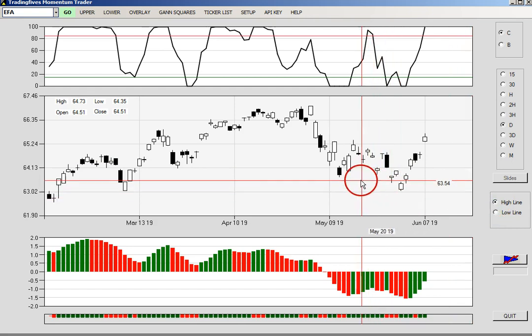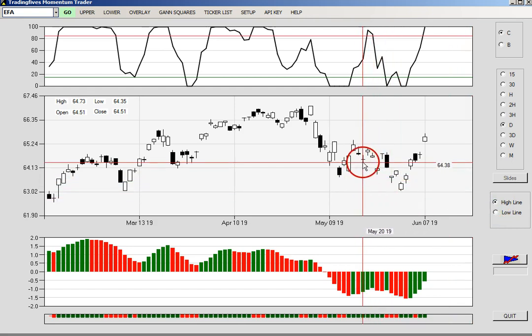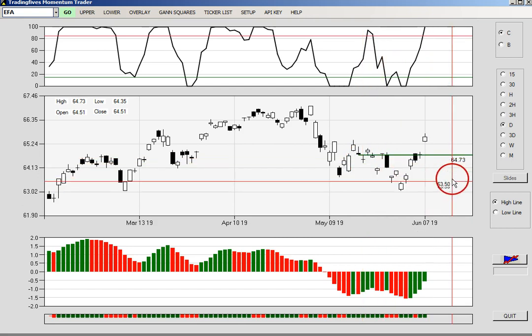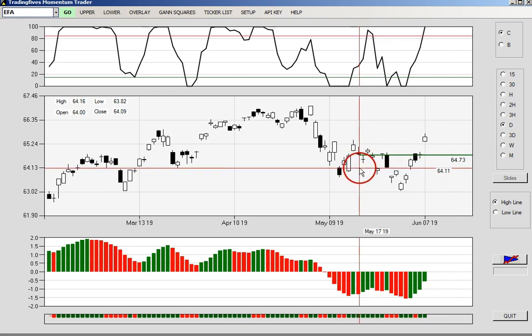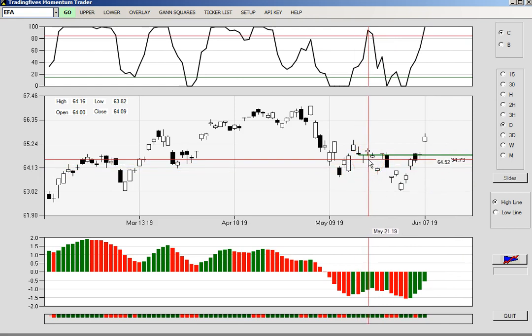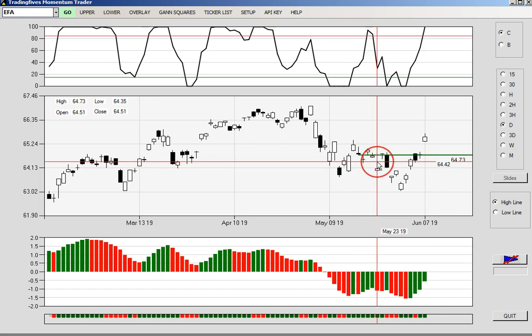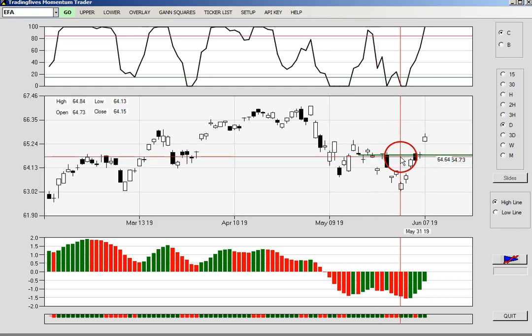So that actually gives us a buy signal or a buy condition with a print above 64.73. And then we had two consecutive green bars after that, and then another red bar, which again negated the signal if it was not taken.